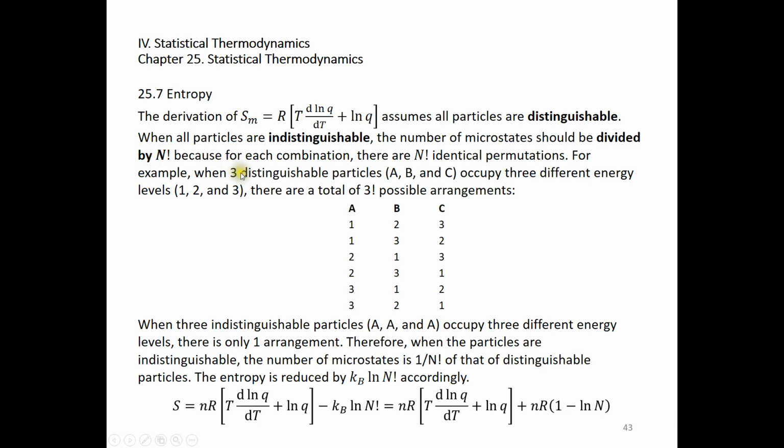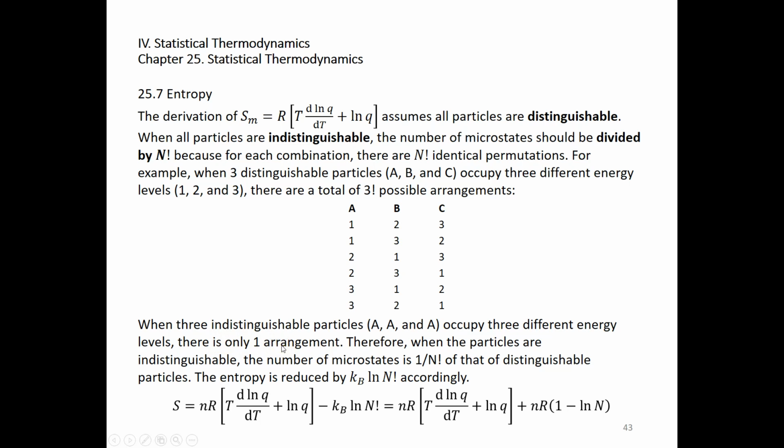For example, if 3 distinguishable particles occupy 3 different energy levels, then you have a total of 6 possible arrangements. The number of microstates is 6. However, if the 3 particles are indistinguishable, let's say they are all A, they occupy 3 different energy levels, and then there's only one arrangement.